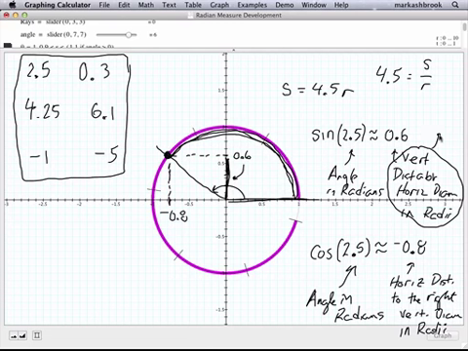Okay, another way to say this is, you can think of it as a vertical distance, or you can think of it the way we started. How did we start getting that 0.6? What did I tell you to find? The y coordinate. The y coordinate on the unit circle.